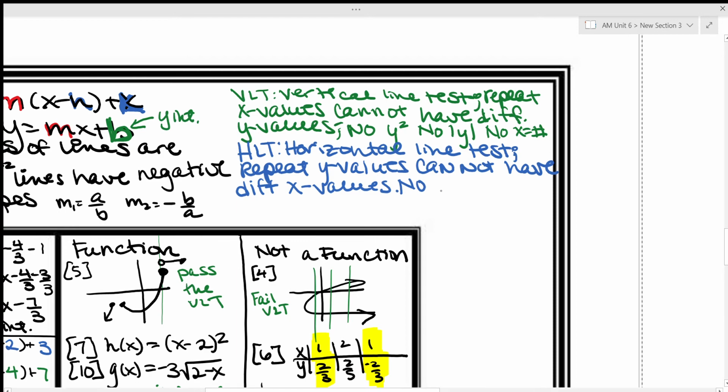So no x squared. No absolute value of x. And no y equals a number. Unless, and here's the big word, unless there's a restriction that eliminates the repeats.